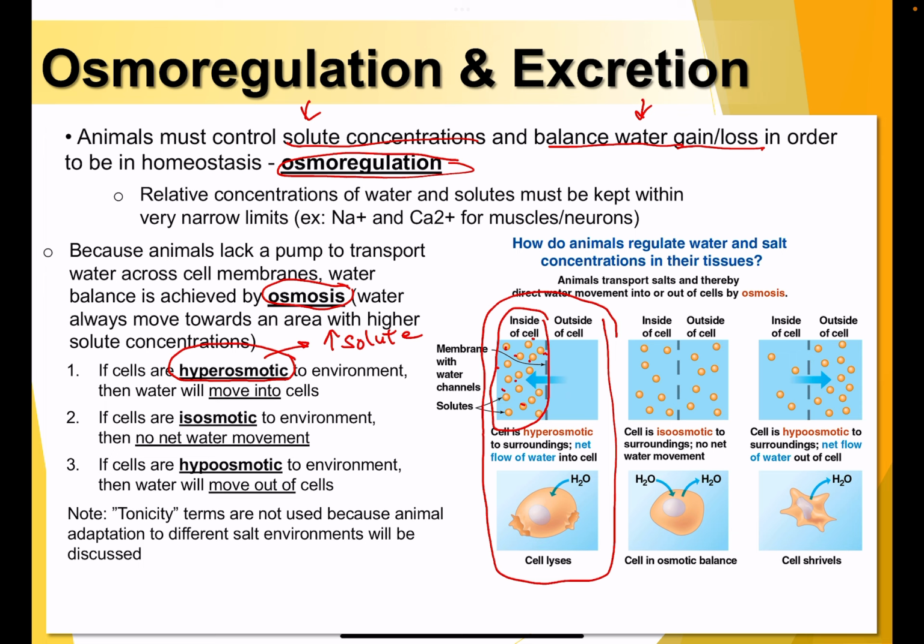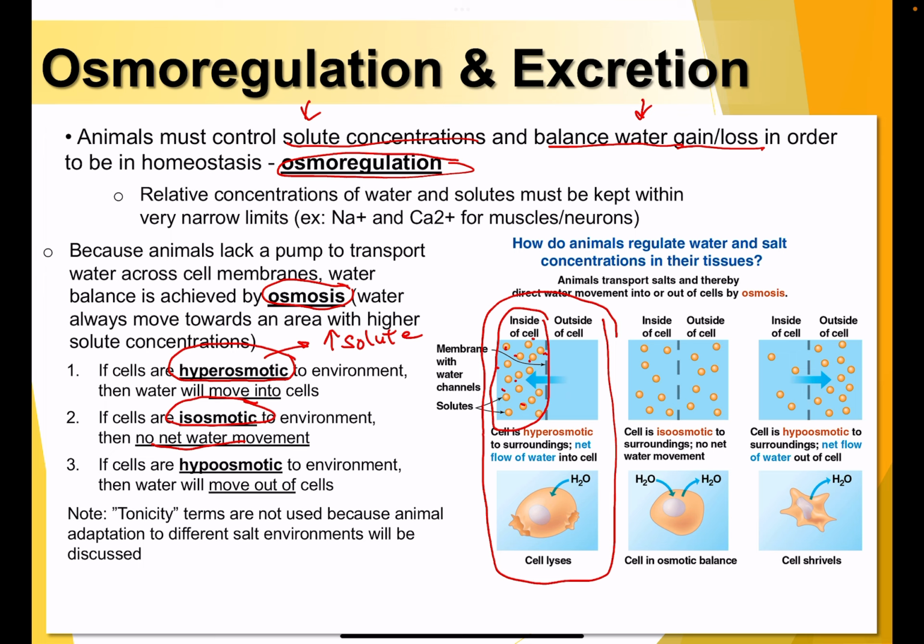All right, same as isotonic, if cells are isoosmotic to the environment, there is no net water movement. Remember, this doesn't mean water is not moving between either side. It just means there's no net movement, which means however much water moves from the left to the right, that's how much will be moving from the right to the left.